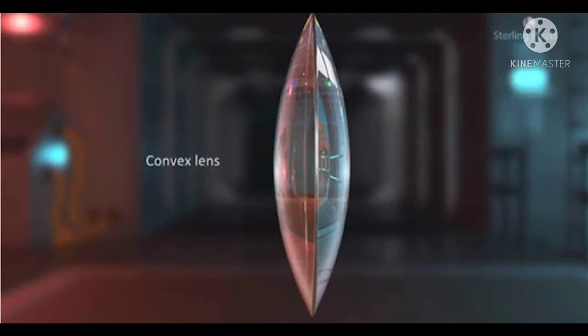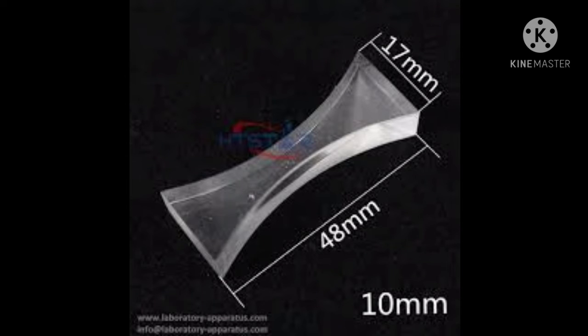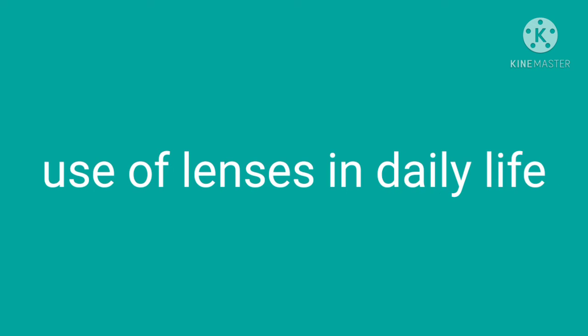See here, the biconvex lens. See how both surfaces are bulged. You can see very clearly. This is another type of lens, the biconcave lens. The two surfaces are inward. Inside, they are not bulged.